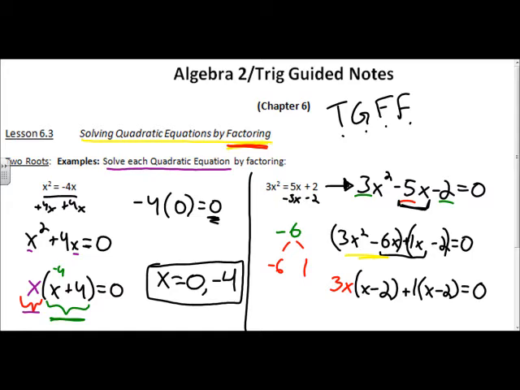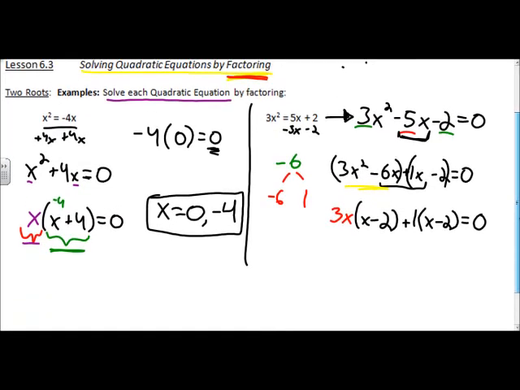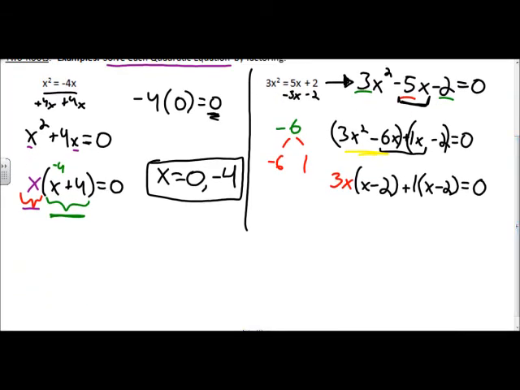And it's still all set equal to 0. After we've done our factor by grouping, we notice we have our x minus 2 in both spots. In one case, it's being multiplied by 3x, and in one case, it's being multiplied by 1. So these are our factors, and again, they're still set equal to 0.